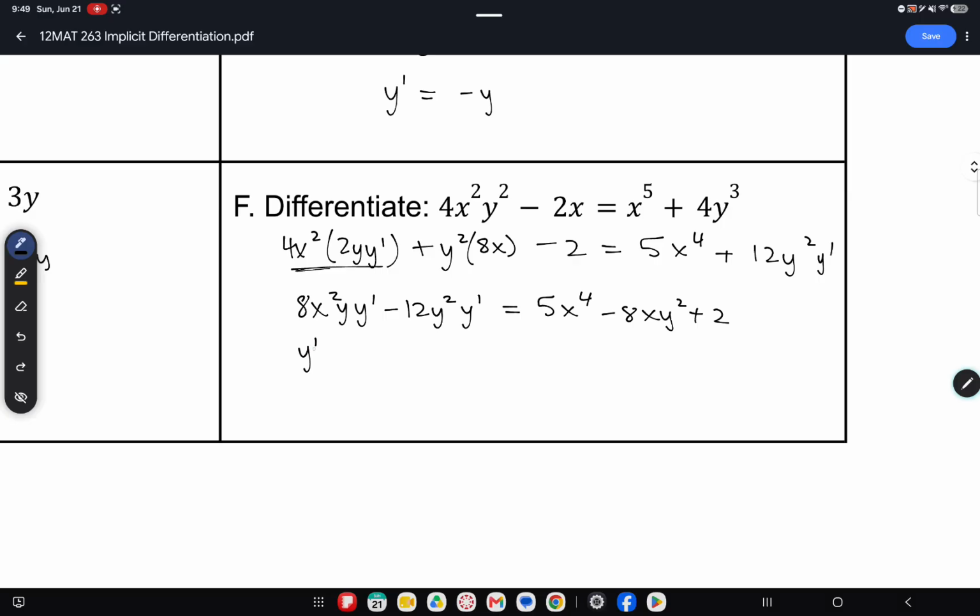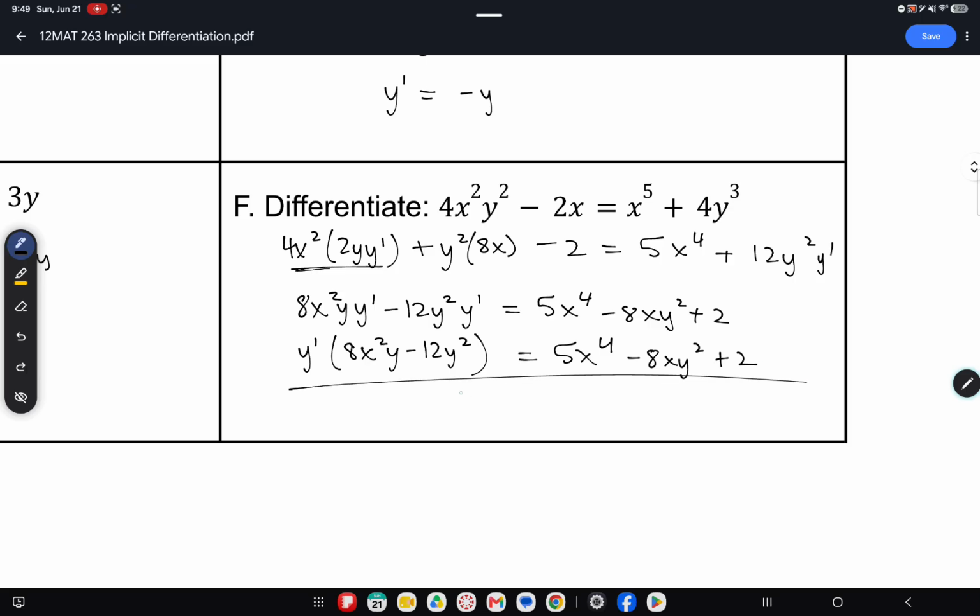I want to factor out the y prime, 8x squared y minus 12y squared. And then I can divide both sides by that 8x squared y minus 12y squared. So y prime is 5x to the 4th minus 8xy squared plus 2 all over 8x squared y minus 12y squared.